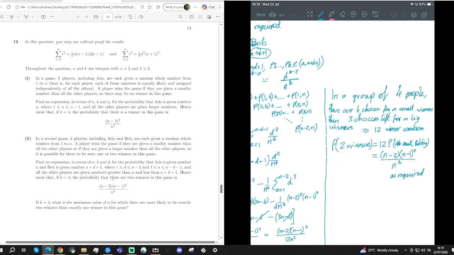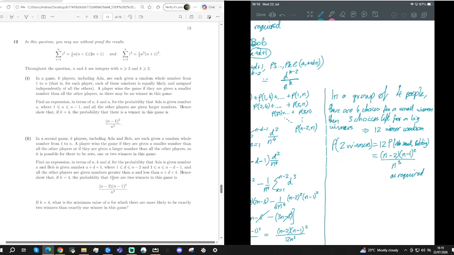In the final section, if k equals 4, what is the minimum value of n for which there are more likely to be exactly 2 winners than exactly 1 winner? Interesting. So we have the probability of having exactly 2 winners, but we don't yet have the probability of exactly 1 winner.